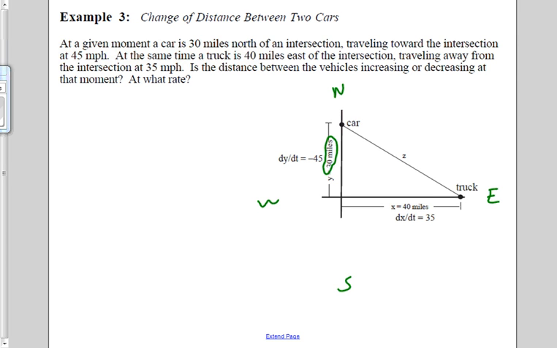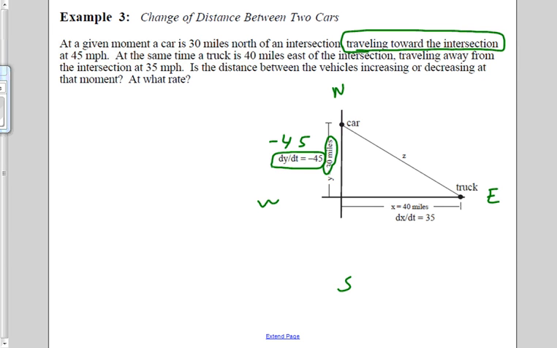So we say dy/dt is negative 45. And why is it negative? It's negative 45 because we're moving toward the intersection, and so our distance is becoming less. So we've got a negative derivative.